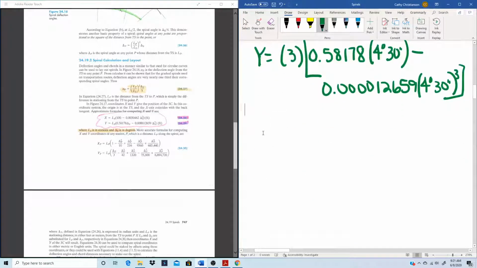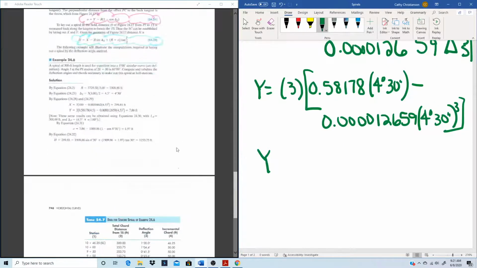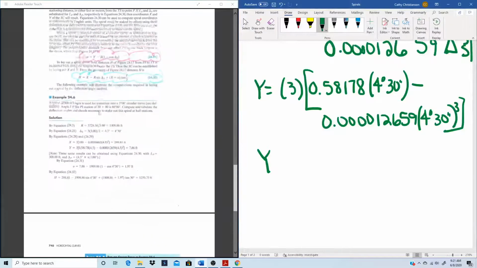Alright, so once we solve for that, our y, we should have been given, and I'm working right here, example 24:6. So y for the problem would be 7.86 feet.